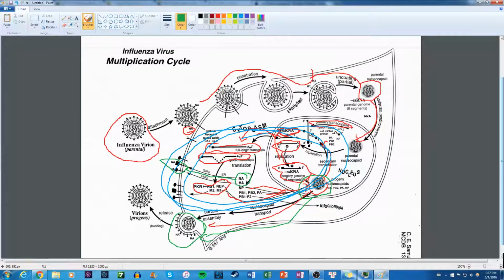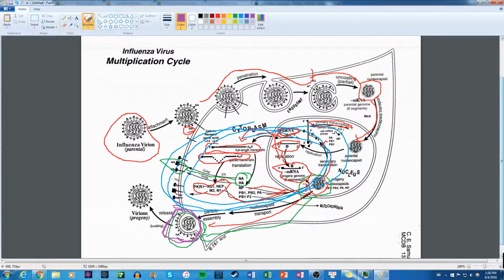The reason for that is, if you can imagine the virion while it's budding, the new baby virion has a bunch of neuraminidase and hemagglutinin, right? But there's still a bunch of sialic acid still around on the cell.